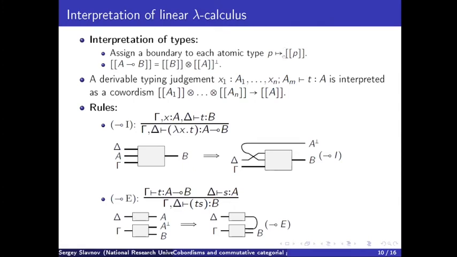Then this interpretation extends to all types by this formula, and derivable typing judgments are interpreted as cobordisms of corresponding boundaries. And here are two pictures for two rules of linear lambda calculus. And a careful inspection of these pictures will show that this is invariant under beta-eta equivalence.